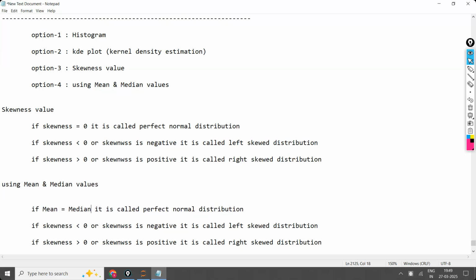If mean value is less than median, it is called left skewed.